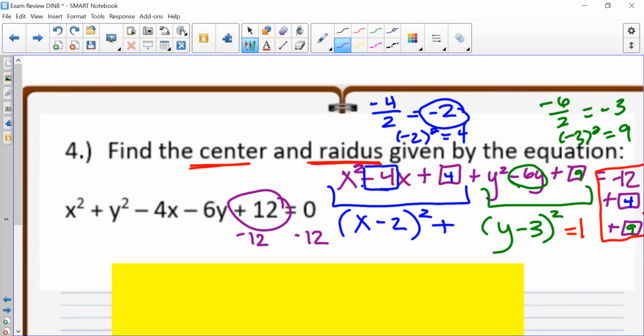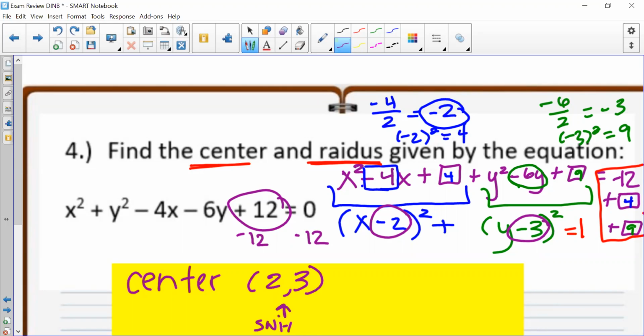So the center, you always take the x and the y and you switch the numbers. So since it says x minus 2, then for the center, the x coordinate would be +2. And for the y, it says -3. So you always switch the sign and make it, for this one, positive. So remember these, you always switch the sign from the equation.